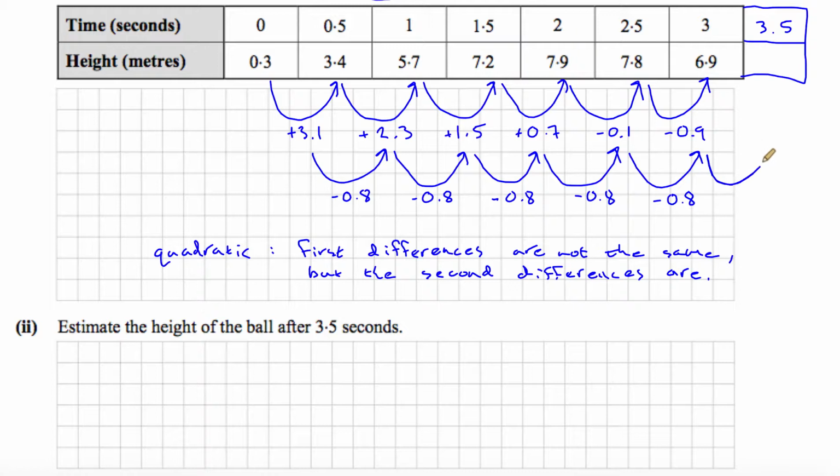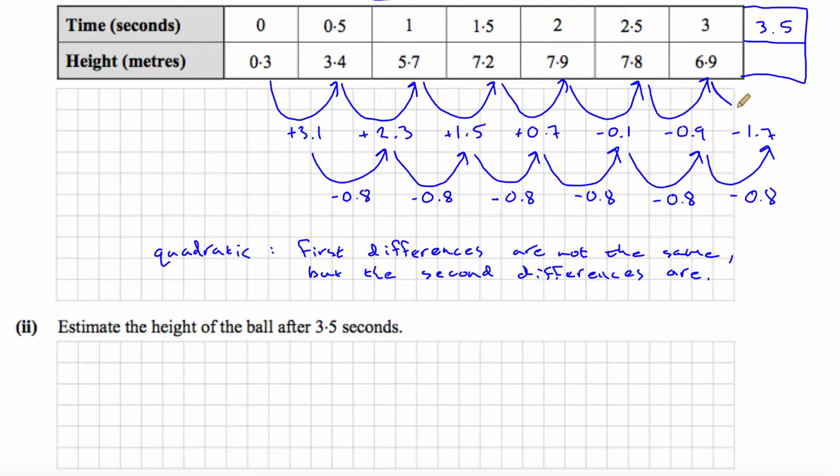So if I continue that, from minus 0.9, we take a jump of minus 0.8, that will give me minus 1.7.